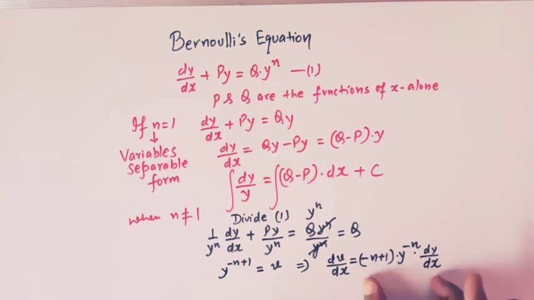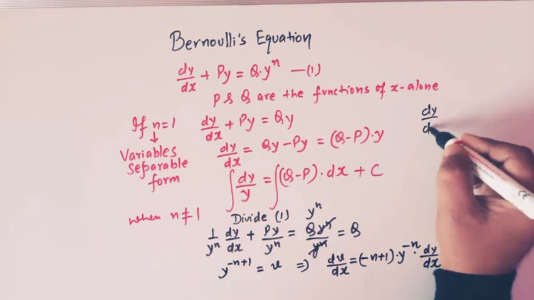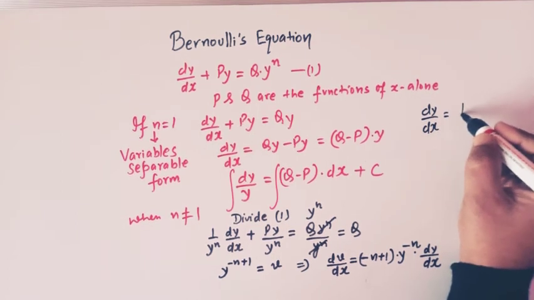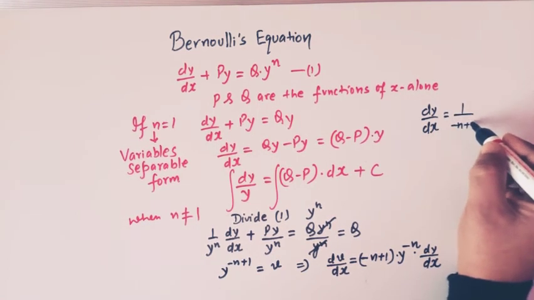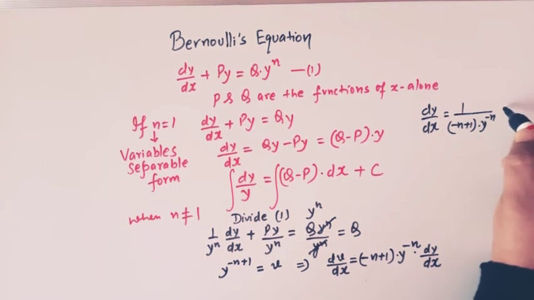Here we have used the chain rule. Now dy/dx can be written as 1/(-n+1) y^n times dv/dx.